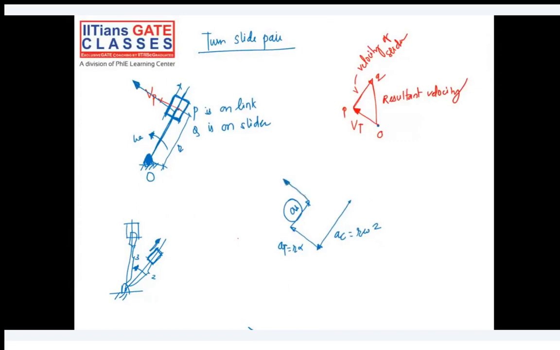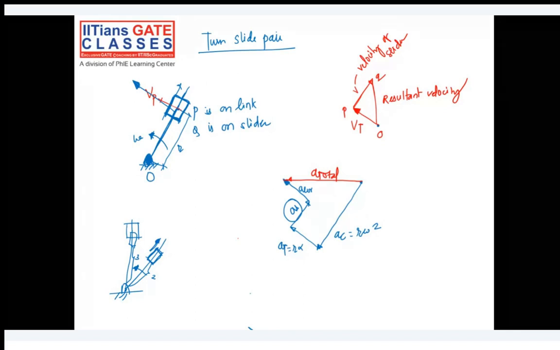What is this Coriolis component? We'll see. But are you following till this? At least you understood why this A Coriolis is considered here. Why a new acceleration is coming into the picture is because of the combined effect.